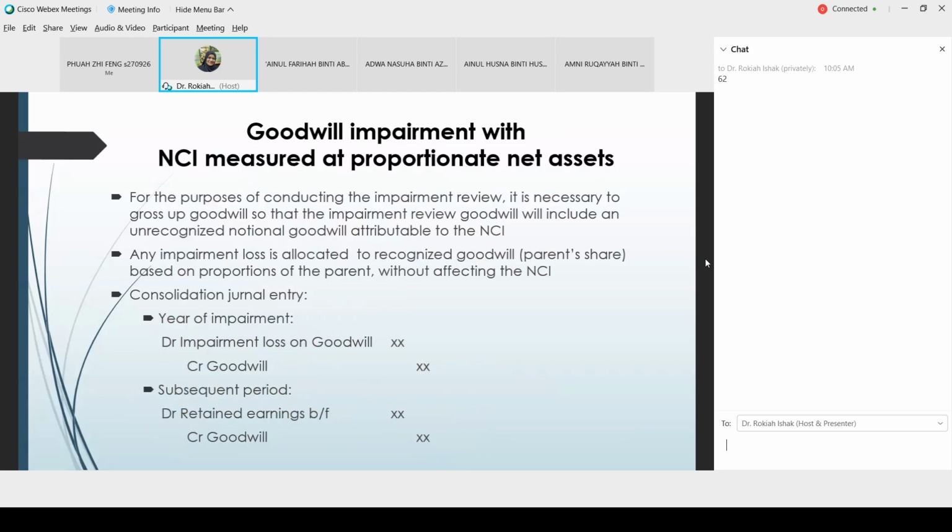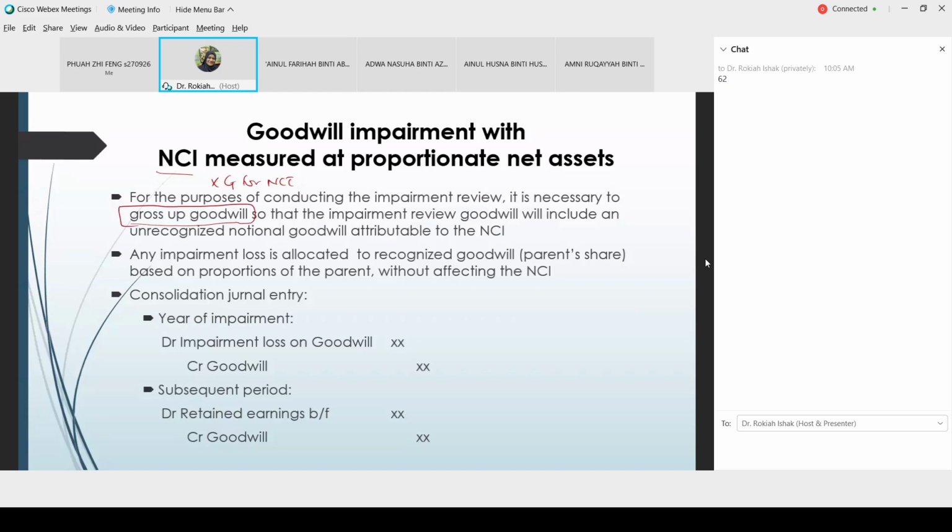Now we move to the second method. The method here is that the NCI is measured at the proportionate share of net assets. When the NCI is measured at the proportionate share of net assets, there is no goodwill for NCI. For the purpose of conducting the impairment review, it is necessary to gross up the amount of goodwill.